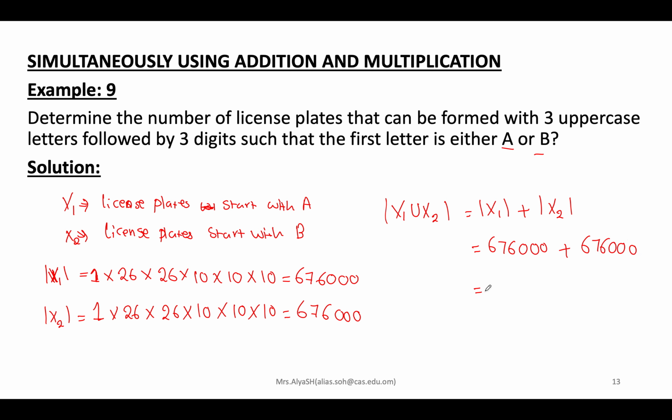Now here we got that there are 1,352,000 ways to form a license plate that's formed from 3 uppercase letters followed by 3 digits and starts with either A or B.